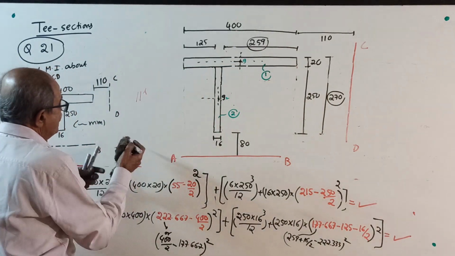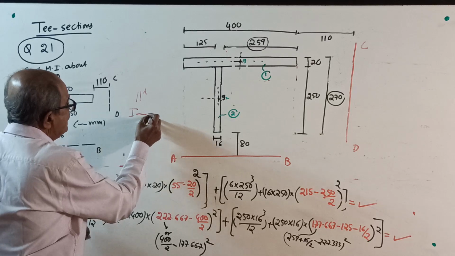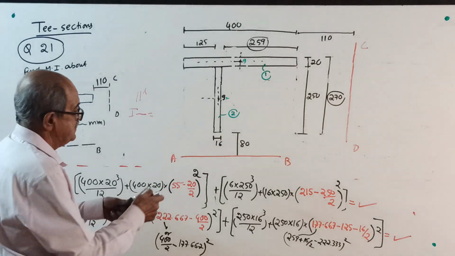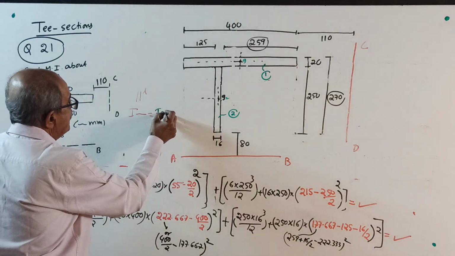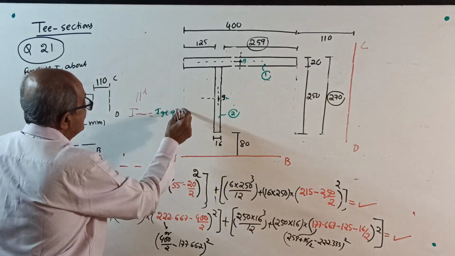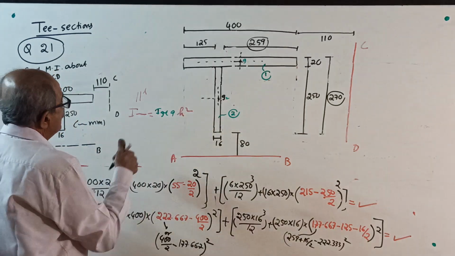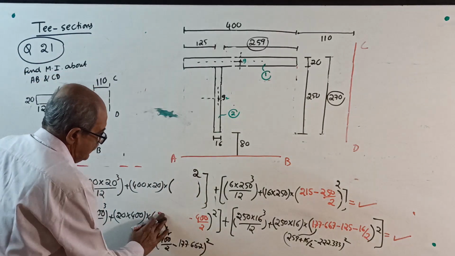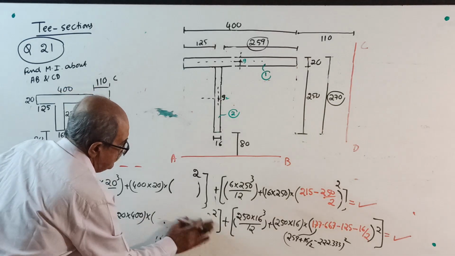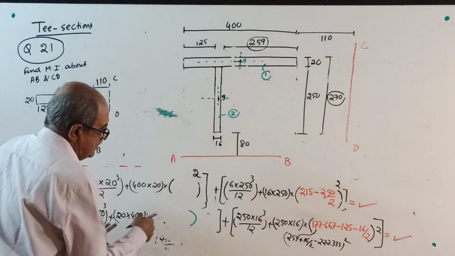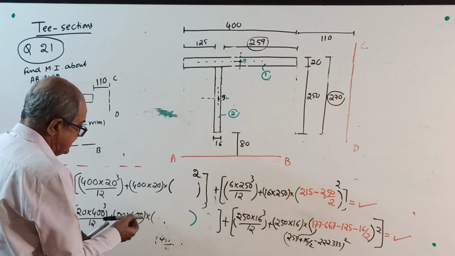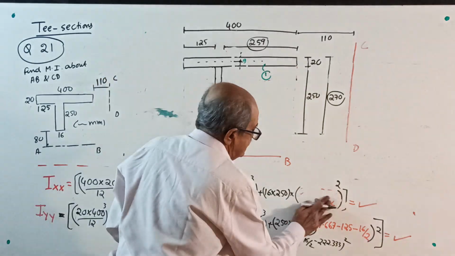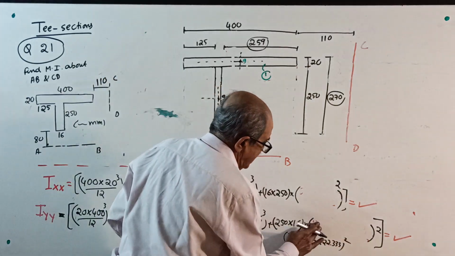By the parallel axis theorem, I about any axis equals Ig plus A into h square. If you simply write something without properly understanding, then you are losing marks. You have to do it properly.